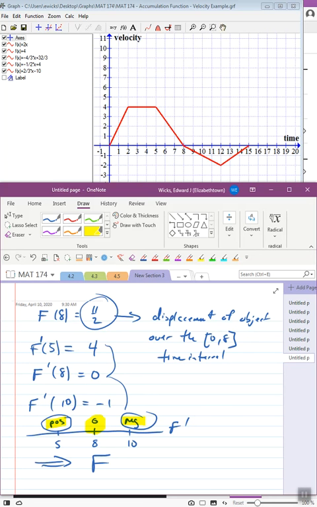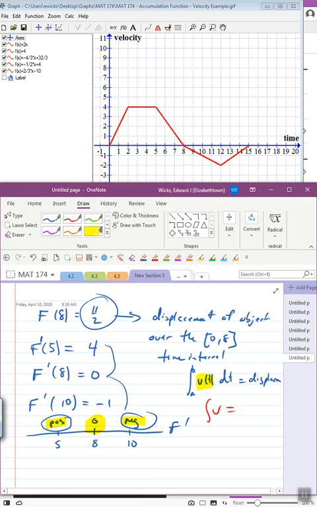Does that make sense? Now Ethan says, if the integral is displacement for a velocity graph, what would it be for a position graph? Okay, there's no nice, nifty interpretation like that, because in the case of the integral of v of t from a to b, why can I interpret that so neatly as displacement? Because I know what the antiderivative of v is. I know the antiderivative of v is position, right?